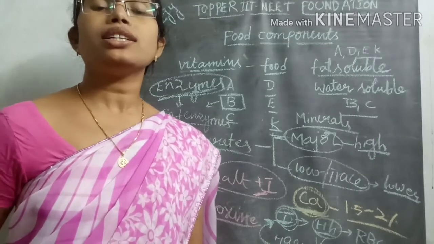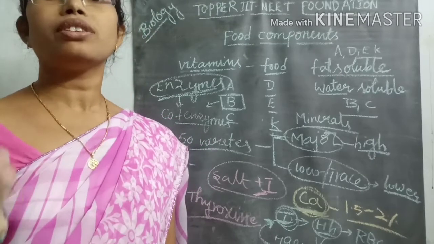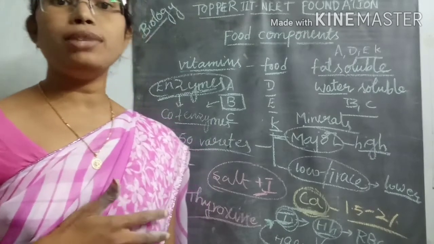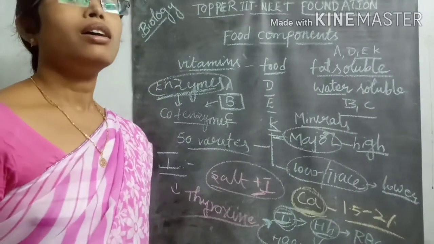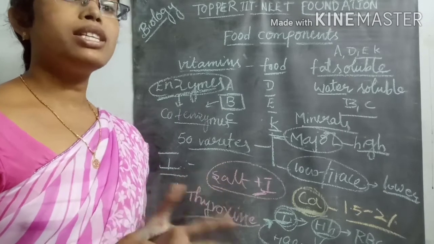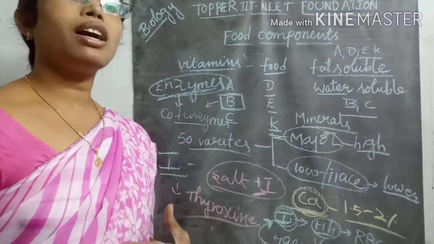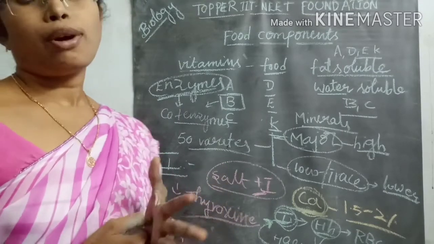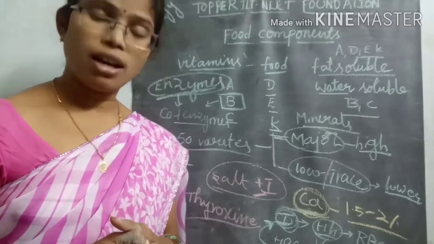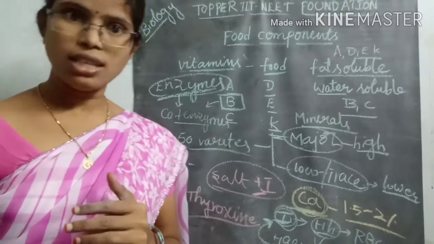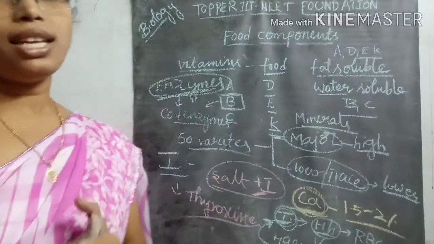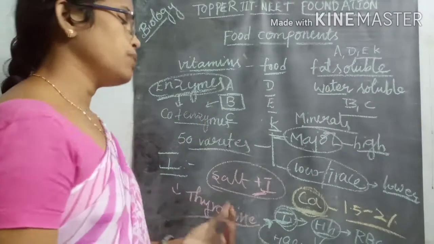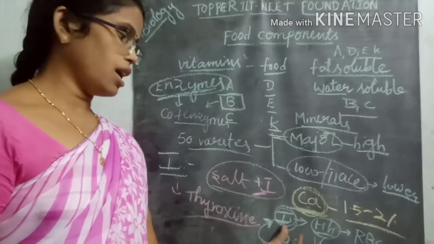Whenever we do not take a sufficient amount of iron, we suffer from a problem called anemia, meaning a lower amount of RBC appears inside our body. The problem is called anemia, a smaller number of RBC in our body.